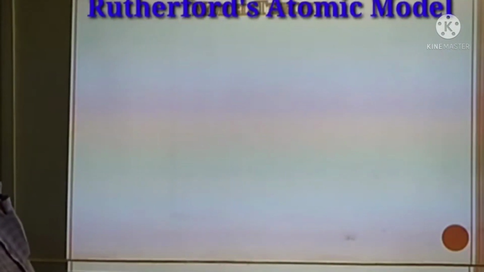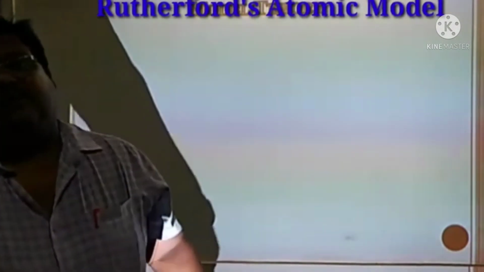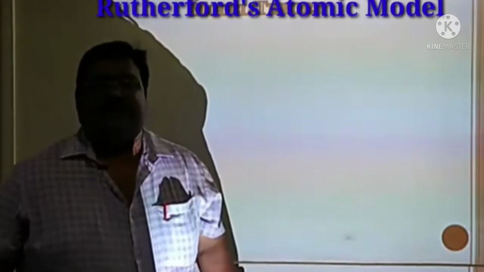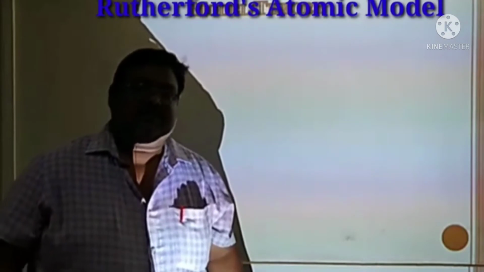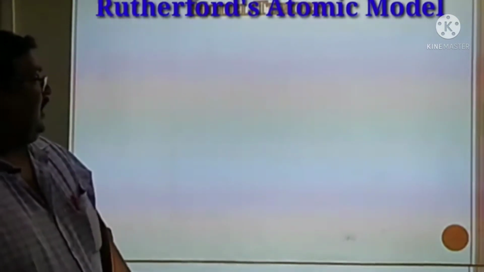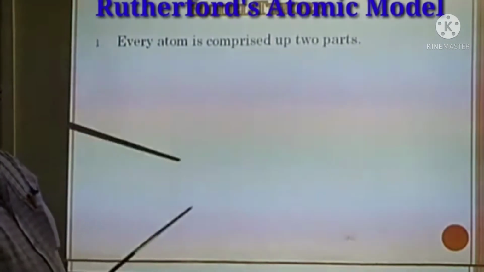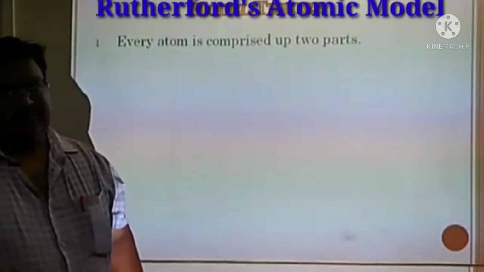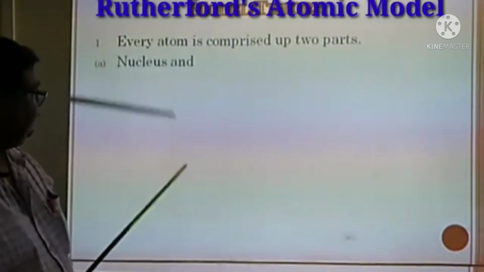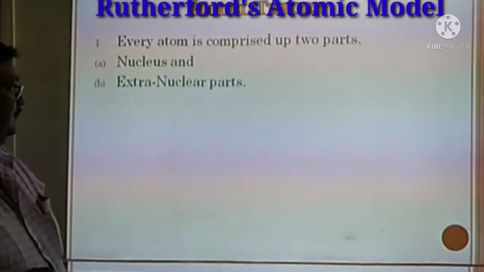Based on the alpha scattering experiment or gold foil experiment, Rutherford proposed an atomic model, popularly known as Rutherford's atomic model. According to it, every atom is comprised of two parts: one is the nucleus and the second is the extranuclear part.